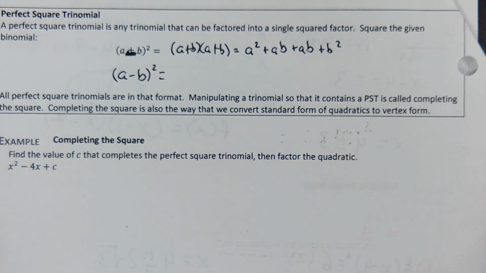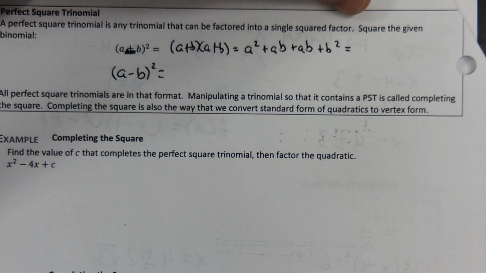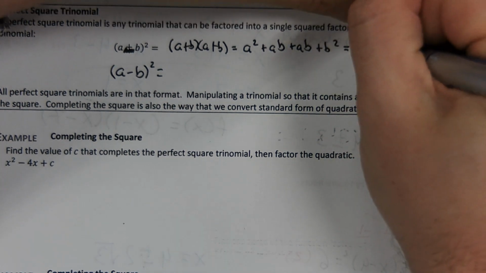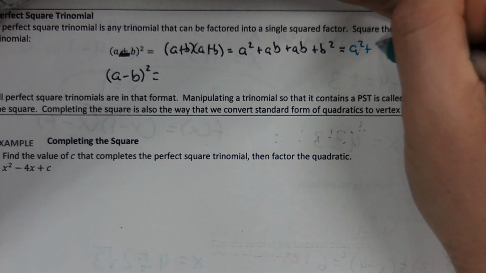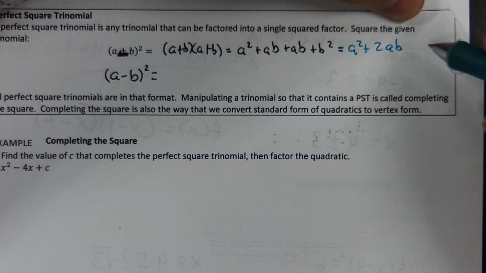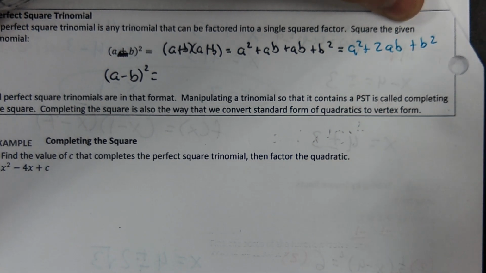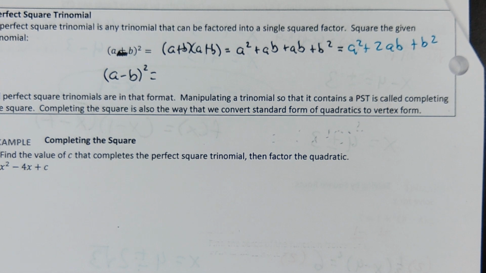These two things in the middle are the same. A squared plus 2ab plus b squared.